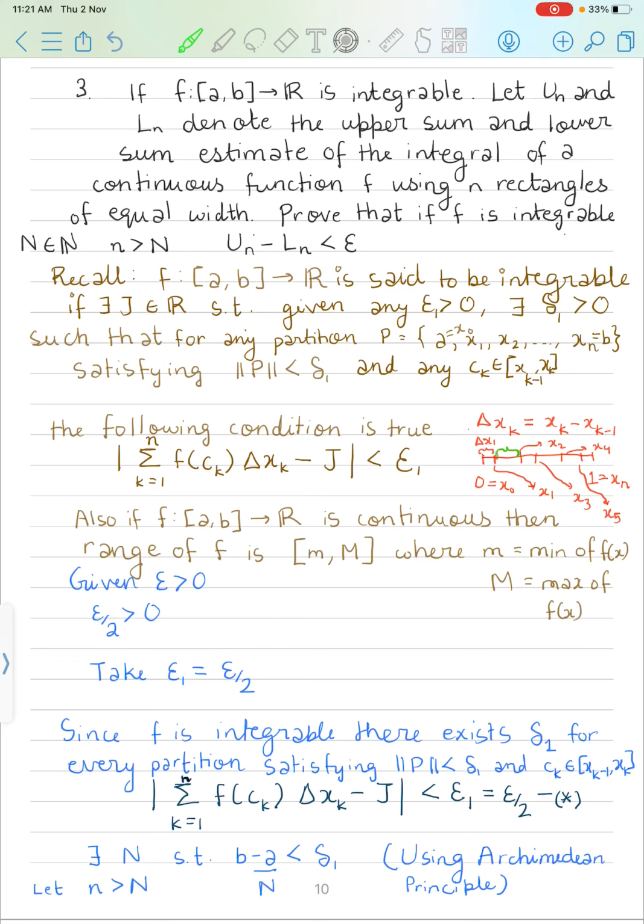You can take any partition. Then, how is the norm defined? The norm of P is defined to be the maximum of delta xk, with k running from 1 to n.